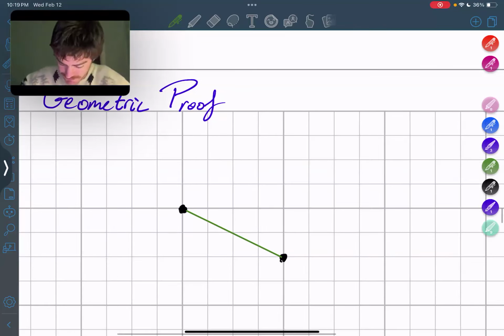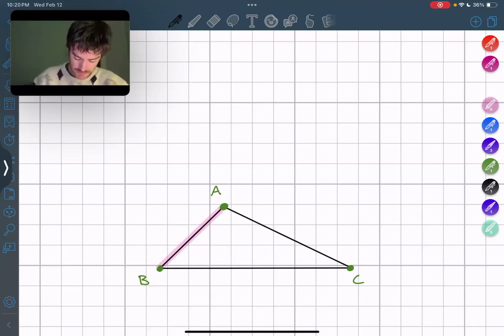Well, you can prove this geometrically. So imagine we have our triangle A, B, and C. And we're going to just choose this pink side of the triangle. Let's call it AB.